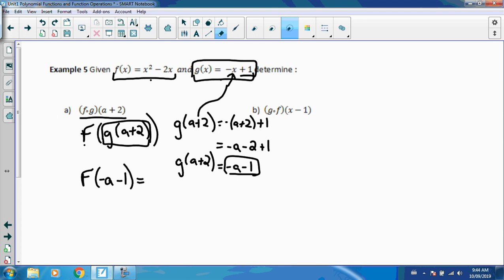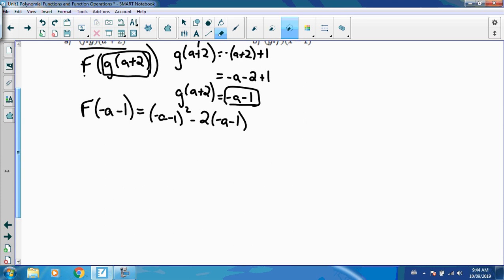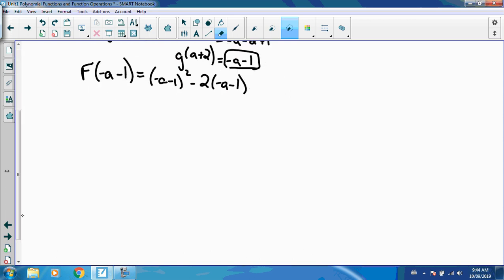And that will be, now using the f function, which is x squared minus 2x. So x is this, squared, minus 2x. And again, I have a bit of algebra to do to figure this out. So I'm going to write negative a minus 1 times itself minus 2 times negative a minus 1.